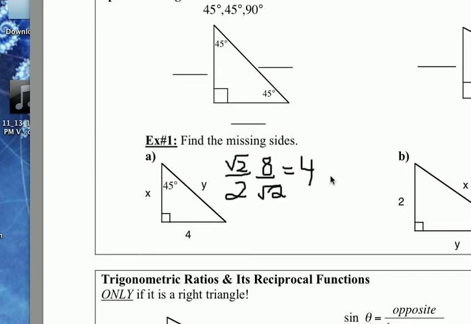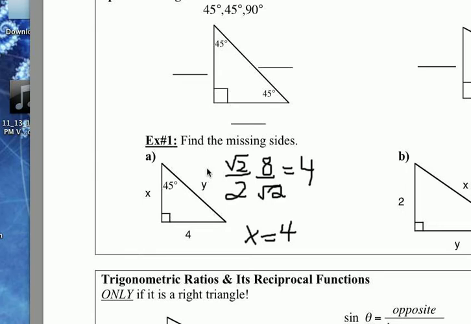Now, how does this relate to x and y? Well, simple. It's an isosceles triangle. The legs are the same. So therefore, x must be equal to 4. Similarly, y, we know on our original scaled triangle, y was equal to 1.